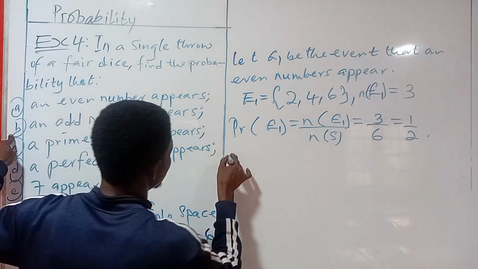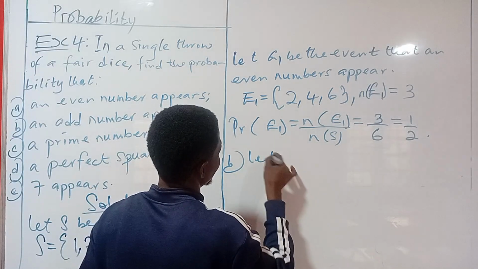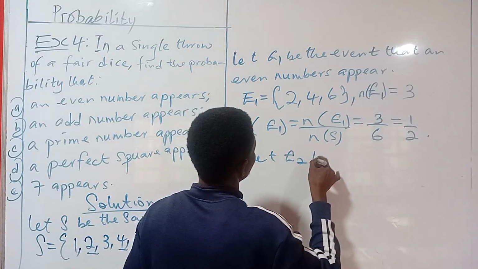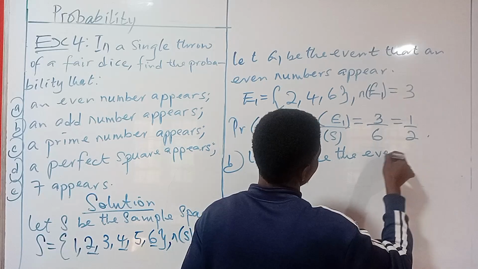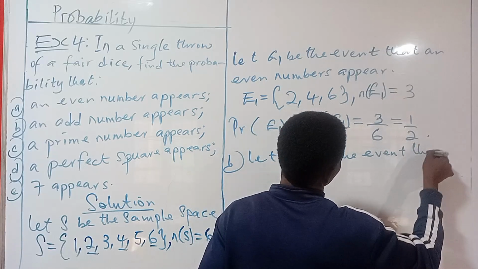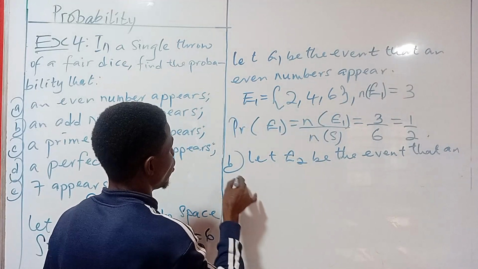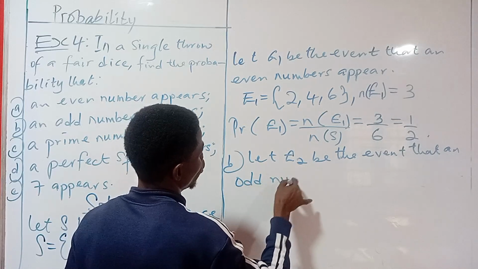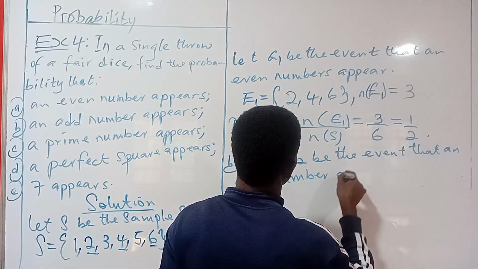The solution to B, we have an odd number appears. Let E2 be the event that an odd number appears.